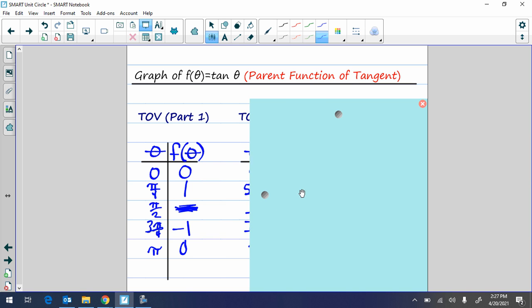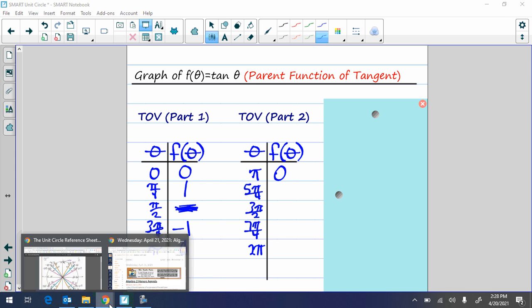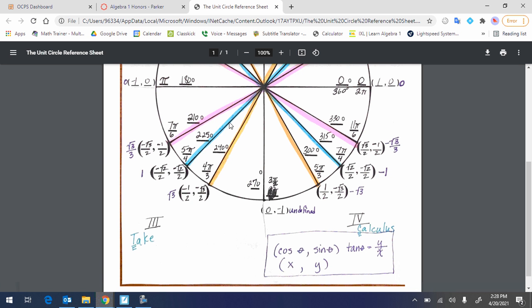Now, I'm going to go ahead and do our next table of values, and I'm going to continue around my unit circle from pi to 2 pi. Again, I'm going every pi over 4. So this is pi. We've already said that that's 0. That's 4 pi over 4, 5 pi over 4, 6 pi over 4, reduced, 7 pi over 4, 8 pi over 4, reduced. So as I continue to go around my unit circle here, 5 pi over 4 is right here, and that's 1.